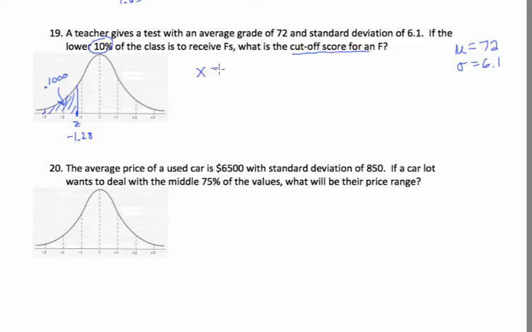So I use this formula. That's 64-ish. So the cutoff score for the bottom 10%, we first found the z-score and then we turned it into a data value, that's a 64. And that makes sense, right? If the average was 72, 64, a little below that, that's your cutoff score for an F.